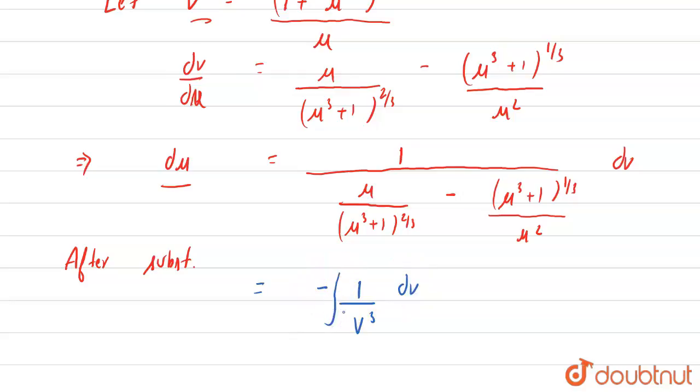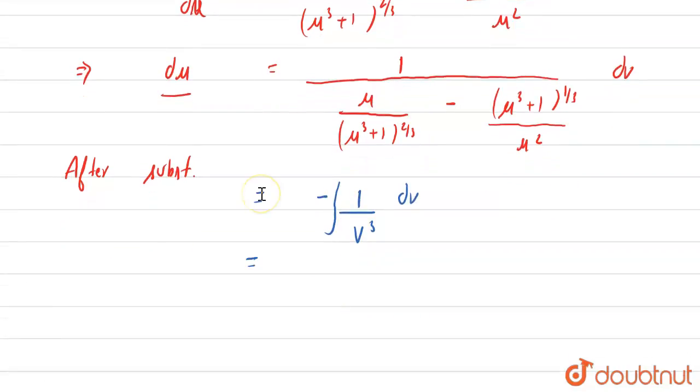So now if we see, its value is equal to 1 by 2v, and this is positive.